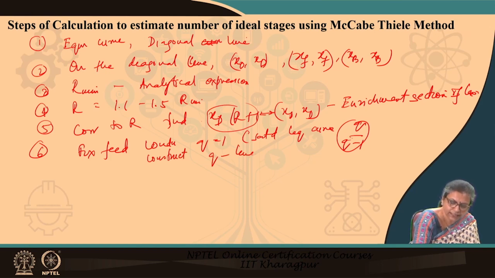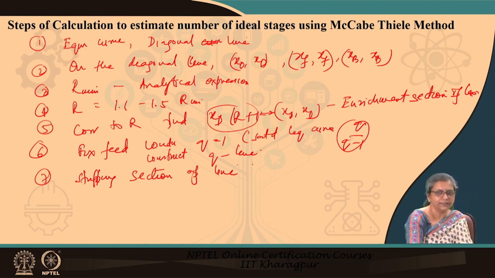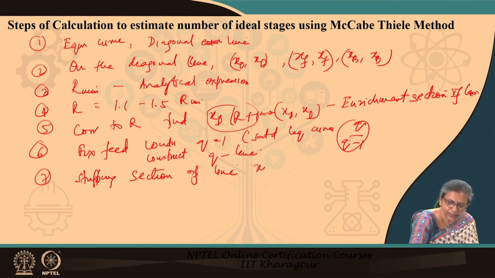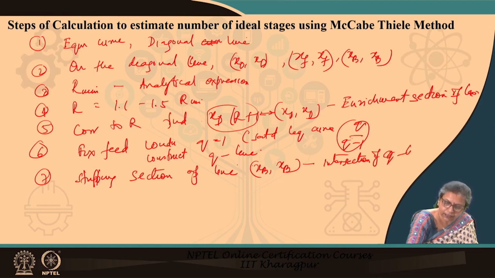Once these two lines are drawn, then we construct the stripping section operating line. The basic assumption of the McCabe-Thiele method is that all these lines are straight lines. So, therefore, the stripping section operating line starts from the point x_B and is drawn till the intersection of the q line and the enrichment section operating line.